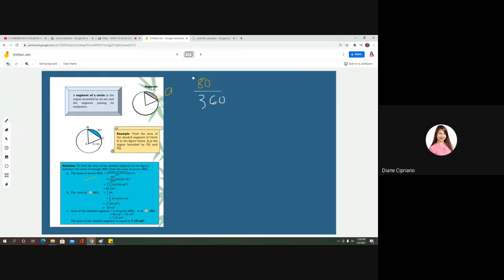Knowing that our radius is 6. So we have here 80 over 360. Okay, I'm sorry with that. Don't forget to write the degree sign. And then we have here pi. And then our r is equal to 6.